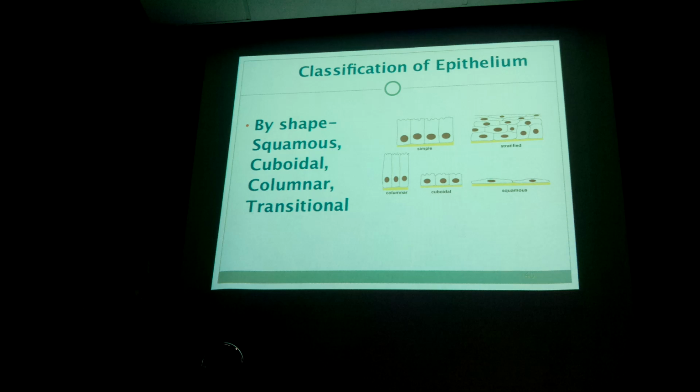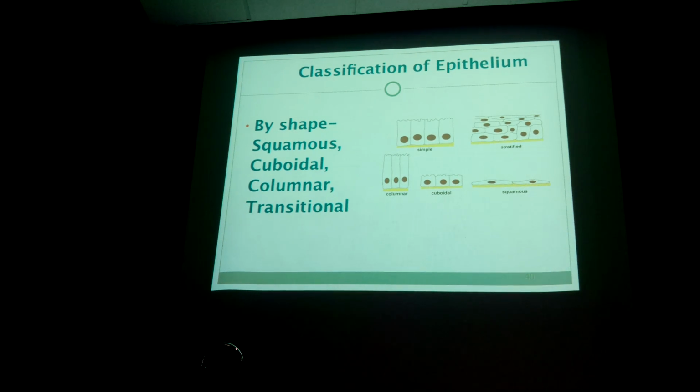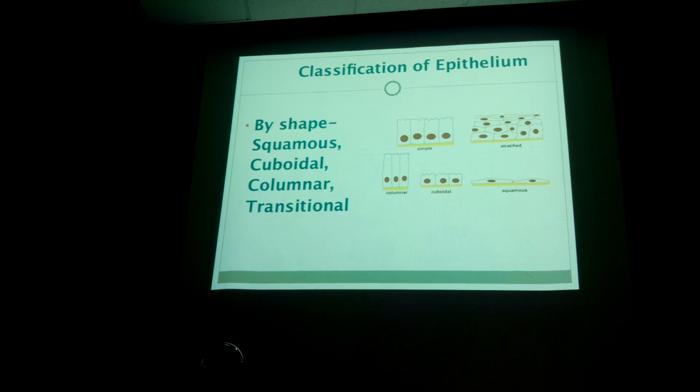The bladder, for instance, is a good example of transitional epithelium. A bladder is about this big and about that flat if it's empty, but I think we all have experiences of bladders that get to be like this big. So this is transitional epithelium that can go back to its small size and then become large again.